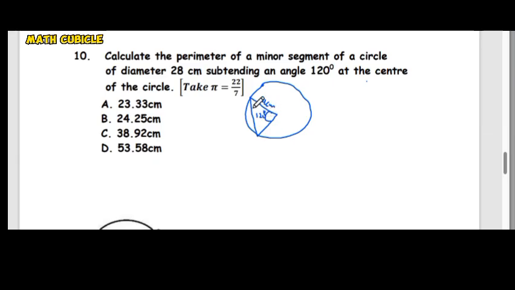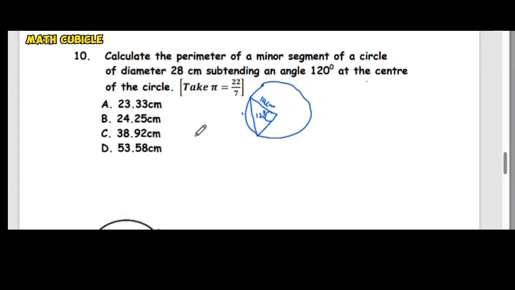So it says calculate the perimeter. The perimeter of the minor segment is this chord you can see, plus the length of this arc.